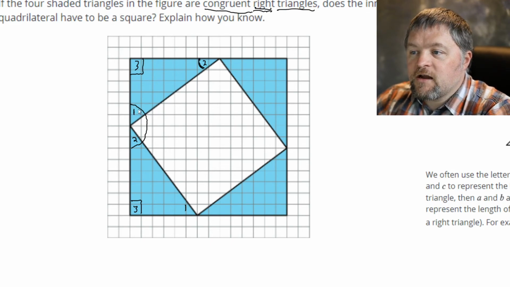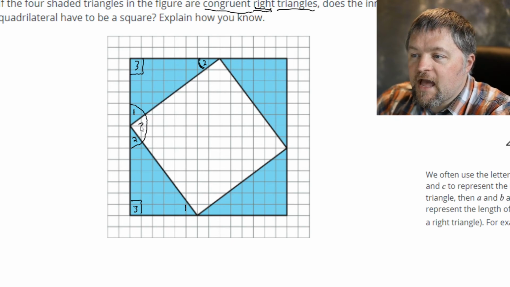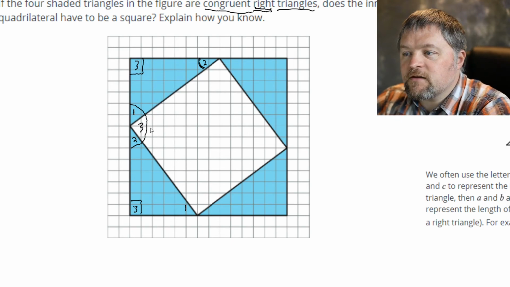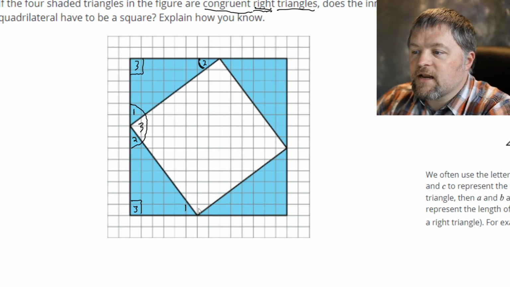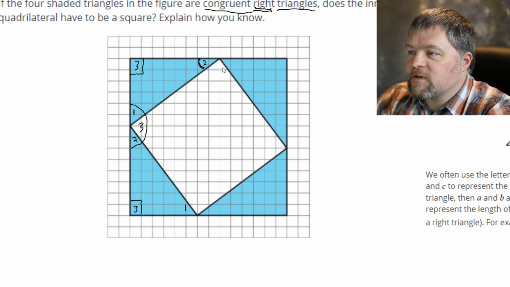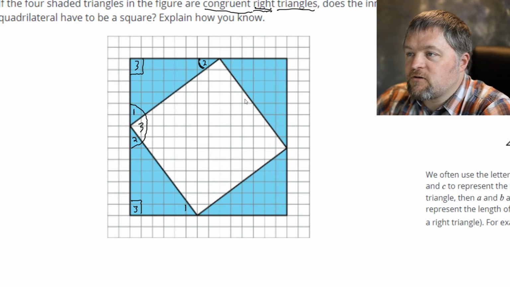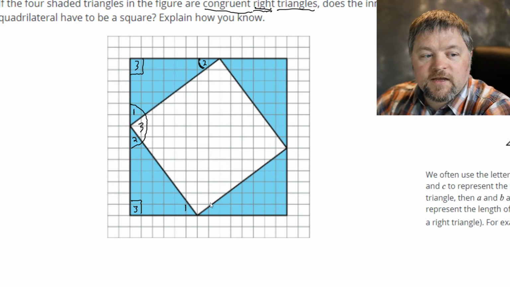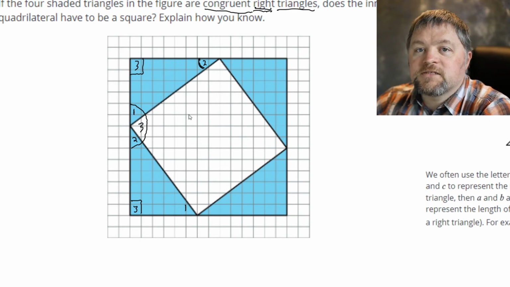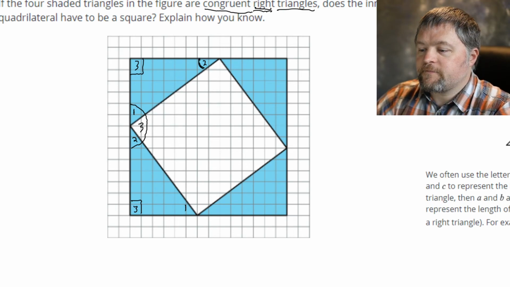Because in this triangle, angle 1 plus angle 2 is 90 degrees, because angle 3 we know has to be 90 degrees. So this has to be the same as angle 3. So if this is a right angle, all four of these angles need to be right angles. The sides are all congruent. So this inner figure must be a square.